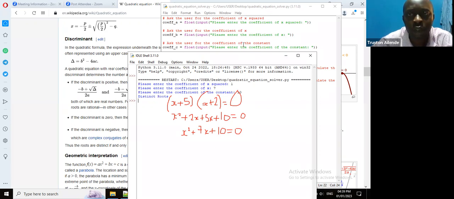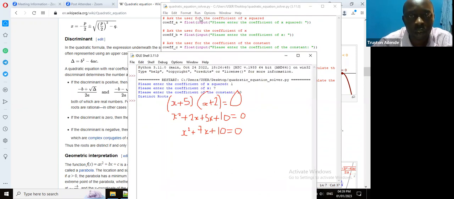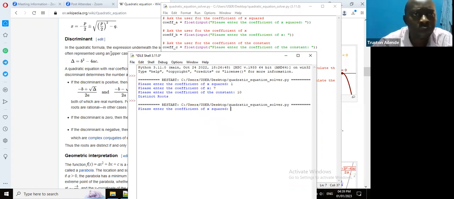So let's run the program again. This time, we'll look at the case where we want to print a double root.